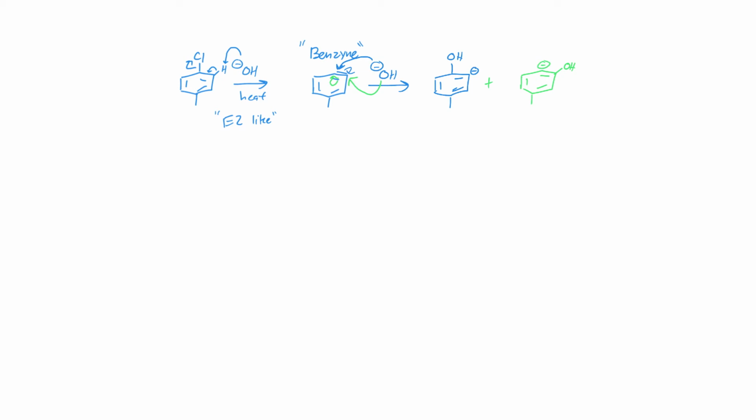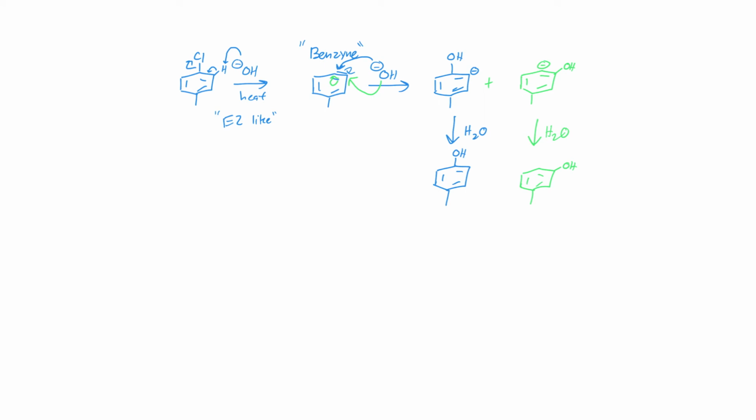Then, of course, both of these can be protonated by water or any other source of hydrogen that's present. Probably it's going to be water because we formed water in the first step. And we get the neutral compound there. If I use water here, you can draw this proton transfer step.